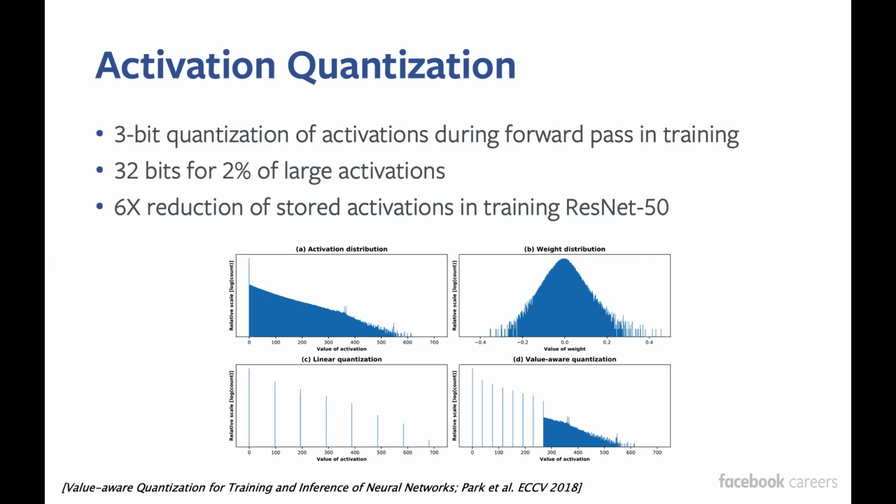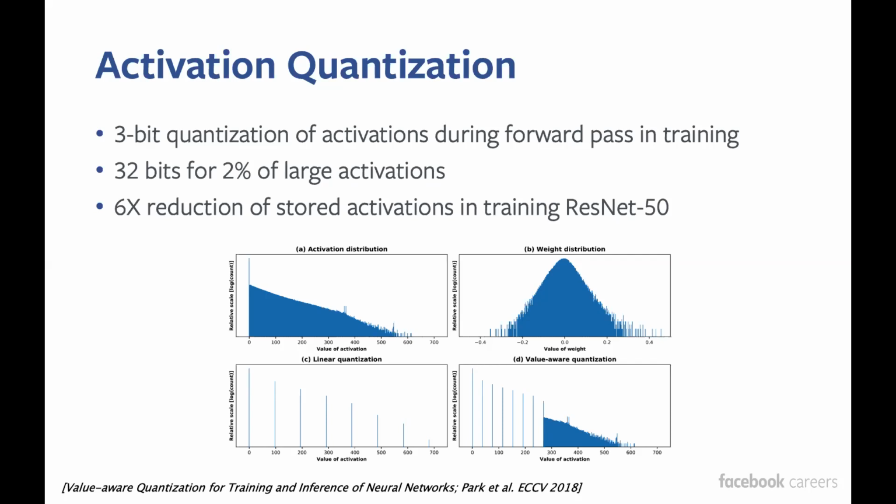What we've shown here are the activation and weight distributions of the model. Weights you can quantize using the approaches we mentioned. The activations you can also quantize linearly. But if you just do linear quantization and train the network, sometimes the performance is not that good. So what we found is that you can use a value-aware quantization to improve the performance. What does that mean?